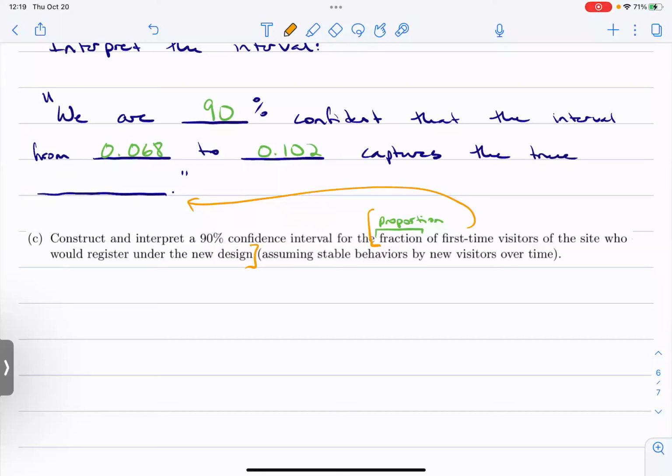All right. Okay. We could also do it with the percentage, right? But then you would say it captures the true percentage of first-time visitors of the site, depending on what it is you're reporting.